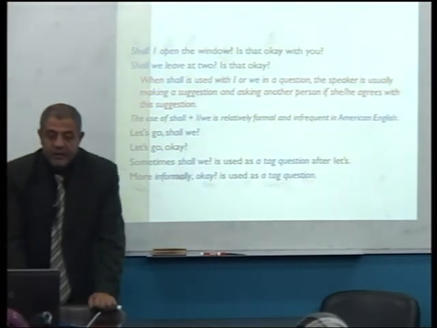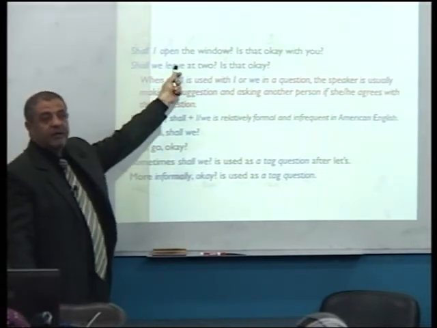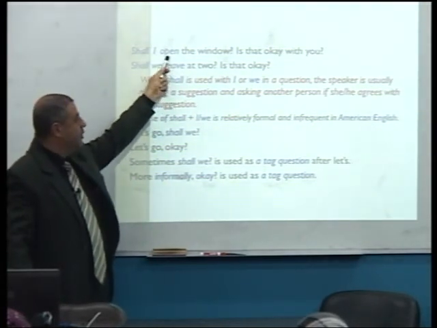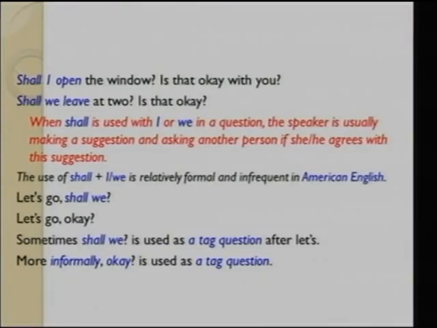Now, shall we and shall I can also be used for the same language function, to suggest something. Shall plus I and we are more formal and infrequent in American English.